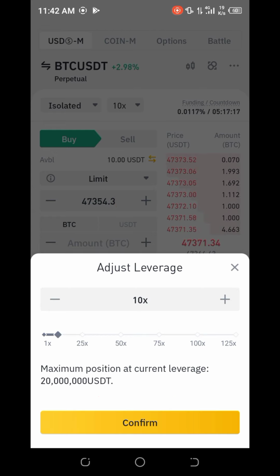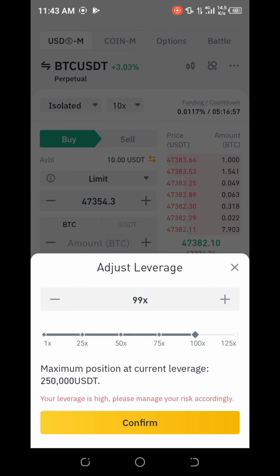So what does this mean? This leverage means that if you have $10 like we have in our example here, and you have this 10x, it means that you are entering the market like someone that has $100, because when you multiply the $10 you have by this 10x, 10 multiplied by 10 is 100. And if you take the leverage to 100, that means that you are multiplying the 10 by 100, and that is $1,000.